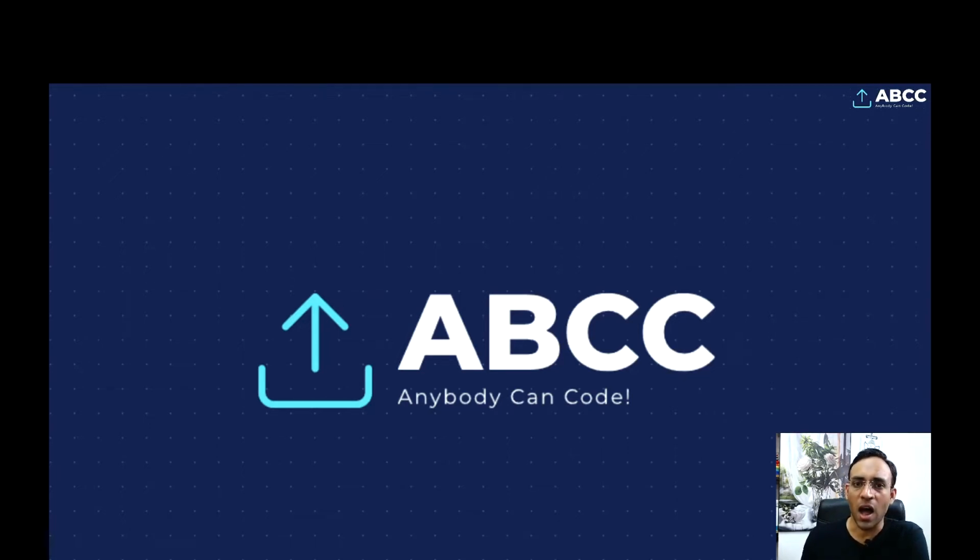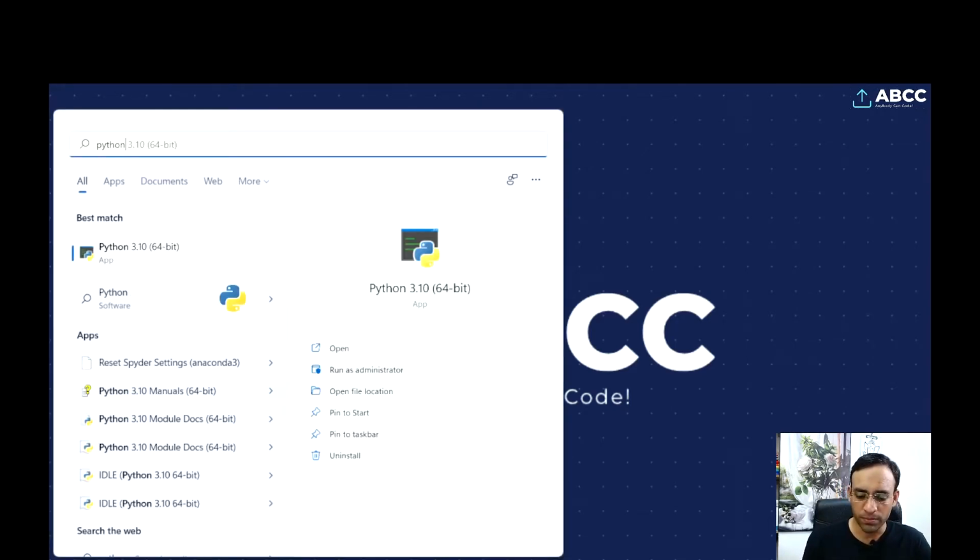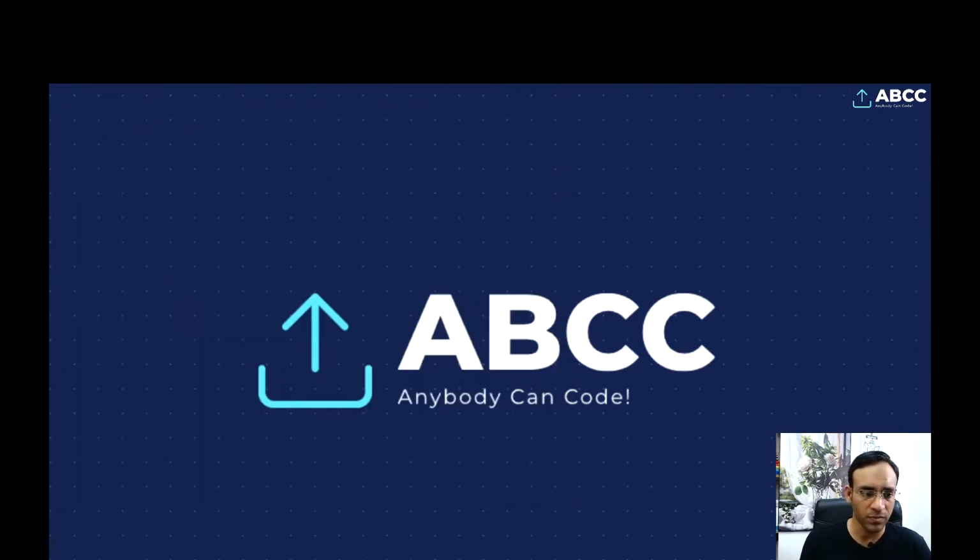Let's try it out. I'm going to open my Python application and it looks similar to the command prompt. Here I type Python in the start menu and I can see my Python 3.10 64-bit. I'm going to just open it.